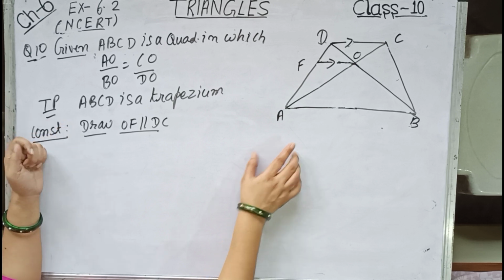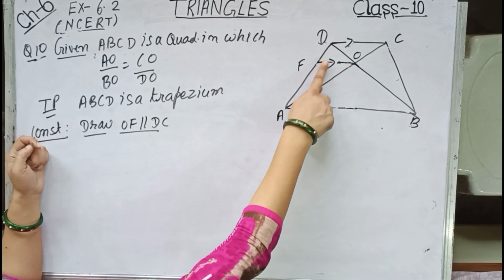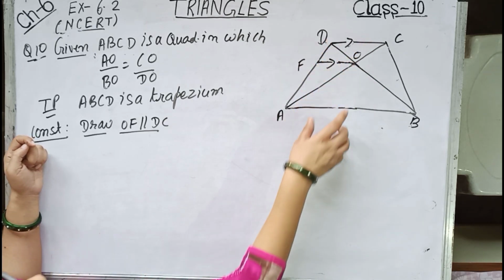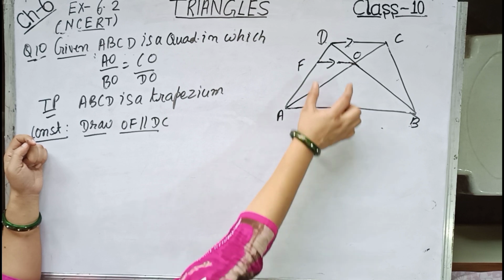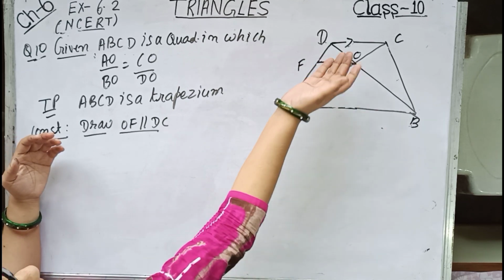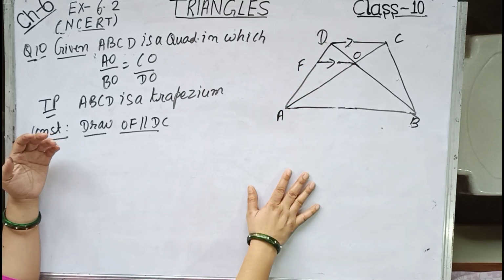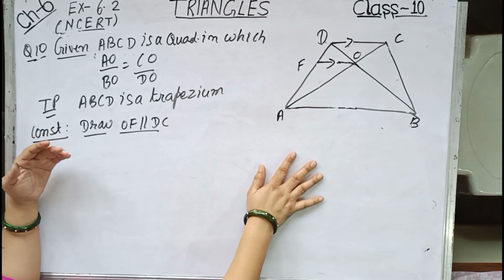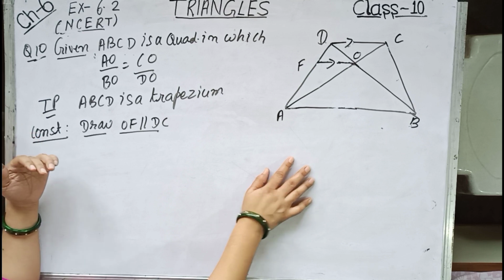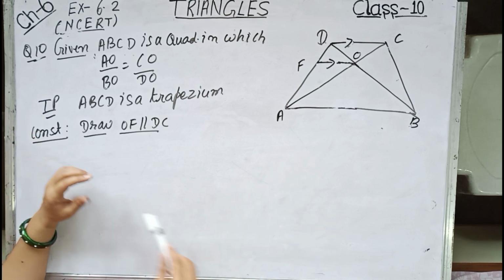So for this also, we will be drawing a line parallel either to DC or parallel to AB. I have drawn over here parallel to DC. You can draw the same line parallel to AB, and we'll prove that this line is also parallel to this line, and hence we will be getting a pair of parallel lines in this quadrilateral, and hence this quadrilateral will be a trapezium. So let us proceed.